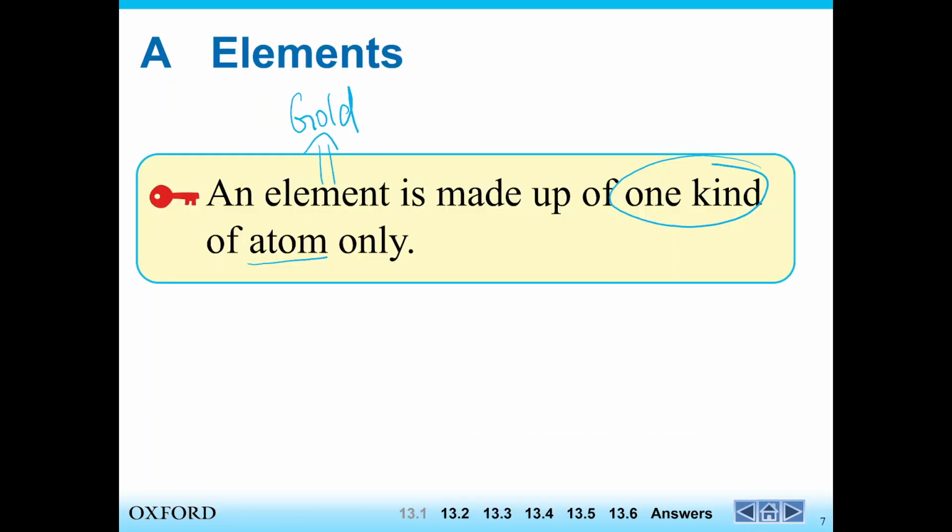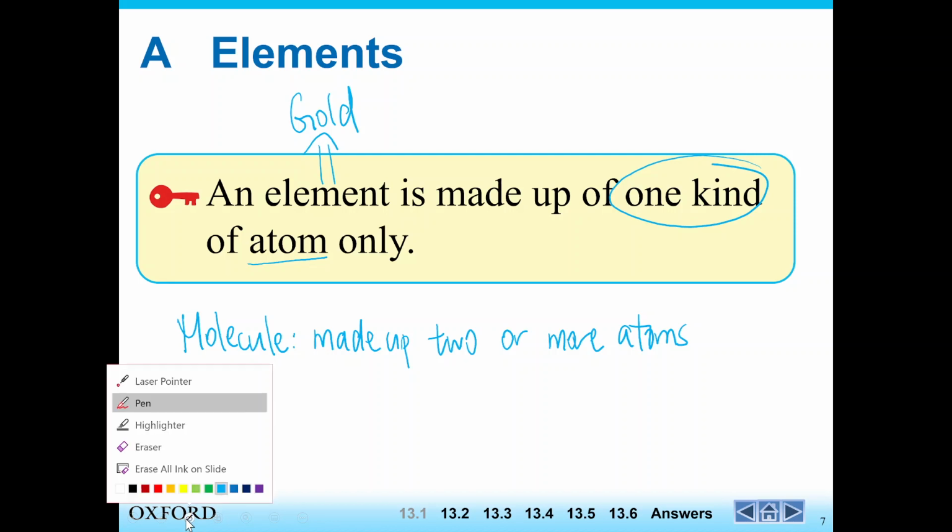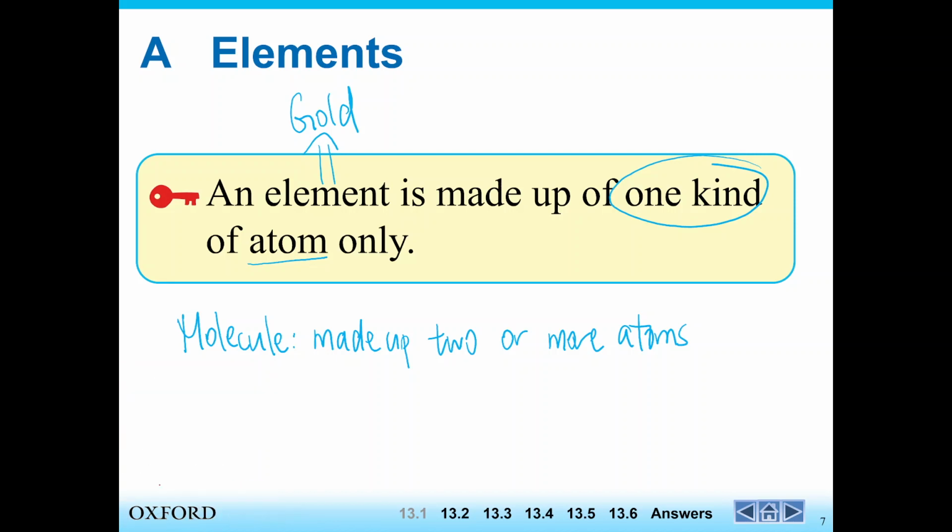But if you want to group atoms together, then we will call them molecules. So I'll rewrite it here. Could you also rewrite it in your book? A molecule is made up of two or more atoms. And don't forget, they have to be of the same kind. Same kind meaning for a gold element, you will only have gold atoms.